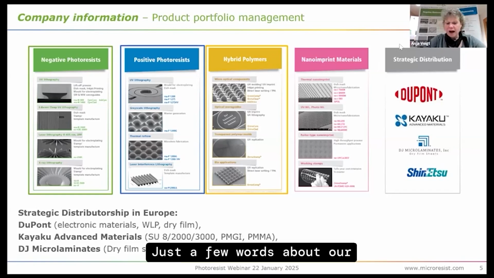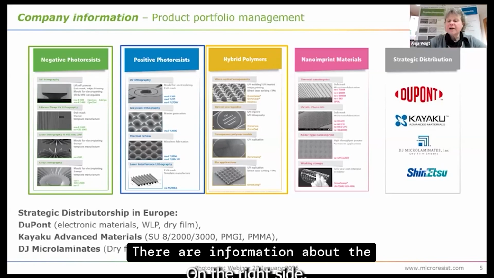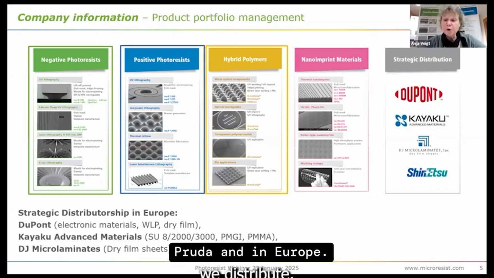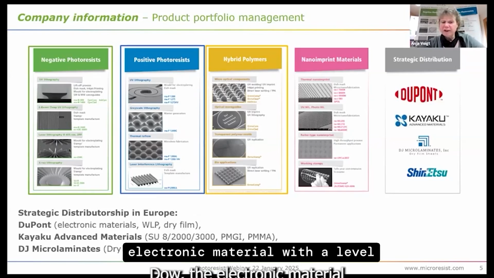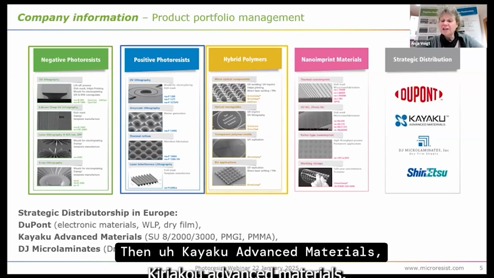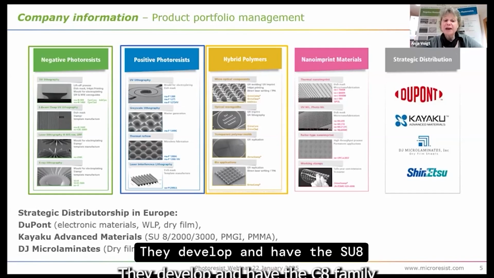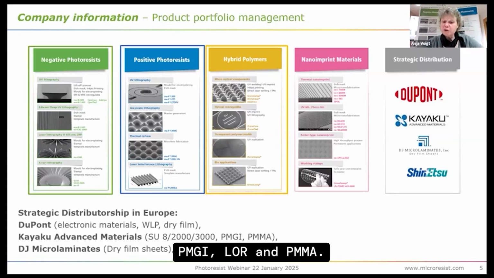Just a few words about our distributorship. On the right side, there is information about the companies we distribute, mainly in Europe. It's from DuPont Dow, the electronic materials with wafer level packaging materials as well, dry film. Then Kayaku Advanced Materials, formerly known as Microchem. They develop and have the SU8 family in their product portfolio, PMGI, LOR, and PMMA.